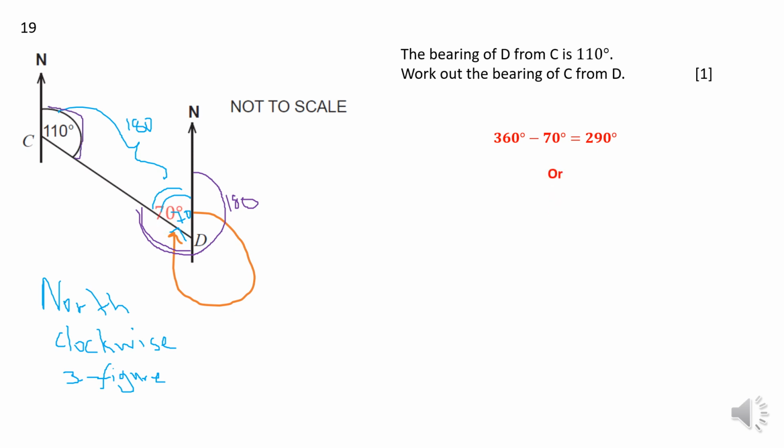And that's what you see I've done in the second instance, where you take that 180 plus 110, you still arrive at 290. 180 plus 110 is 290. So never mind my little mistake here. It's supposed to be 290 degrees.